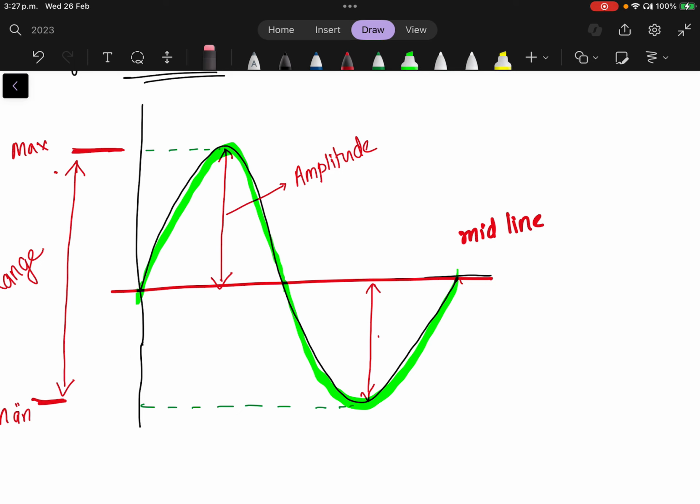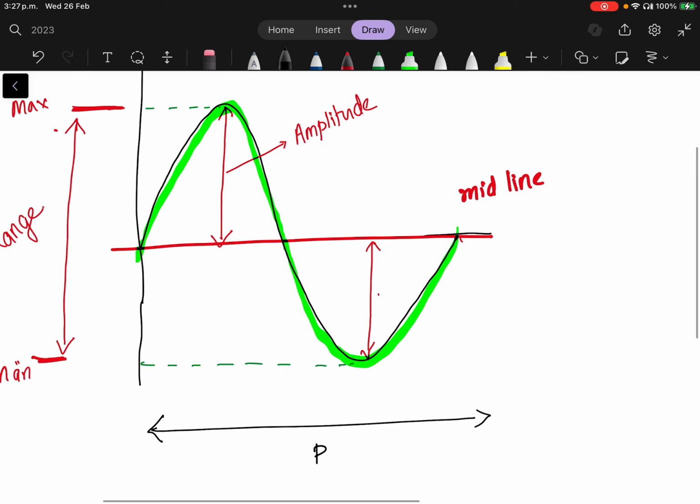We are not considering that, we are considering only one cycle, and the time it takes for that particular cycle is called the period. By definition, it is the shortest distance along the x-axis after which the graph repeats itself.